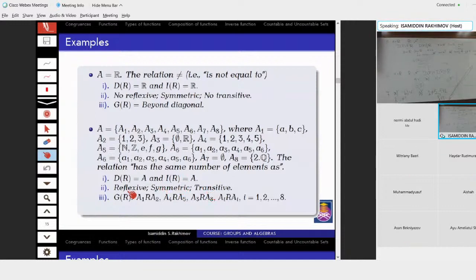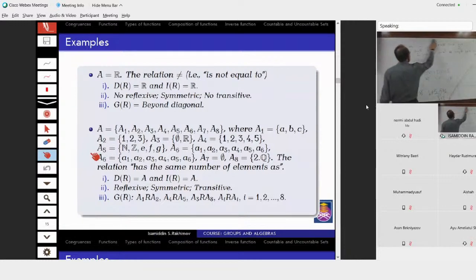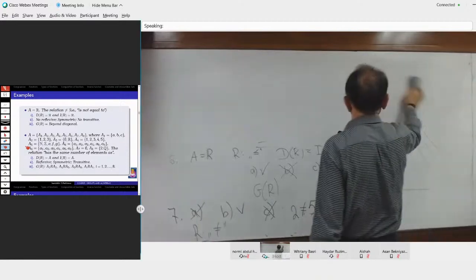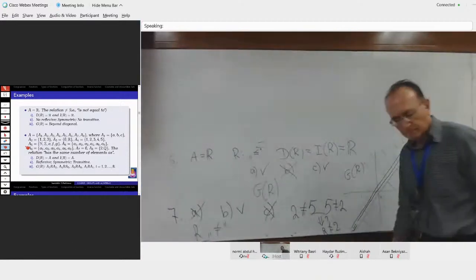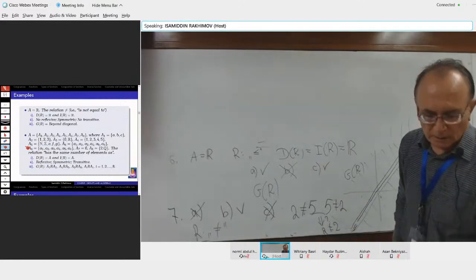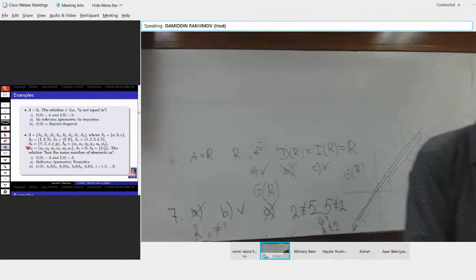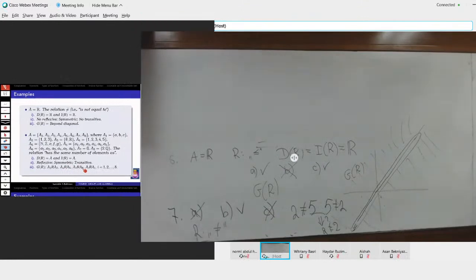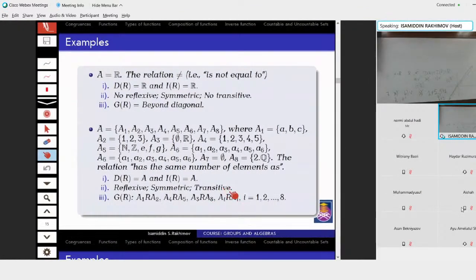It is reflexive because you can just write all relations between this set: A1, A2, A4, A5, A3, A8, and AI, AI.